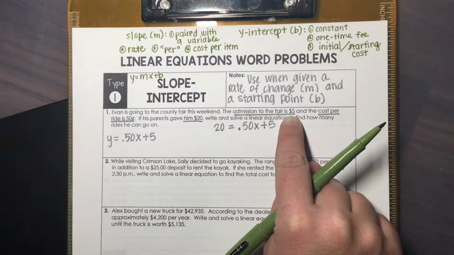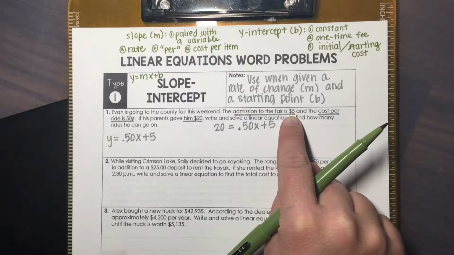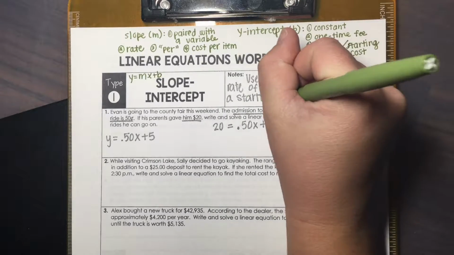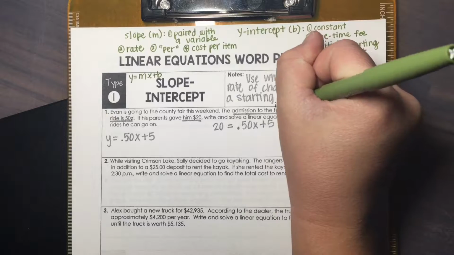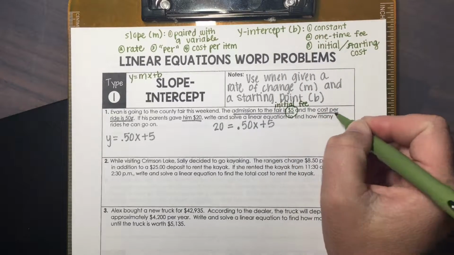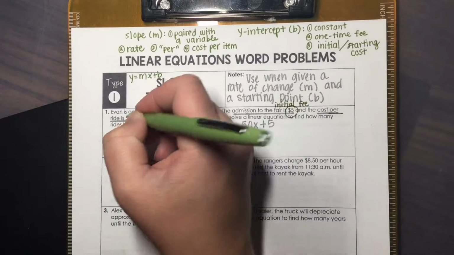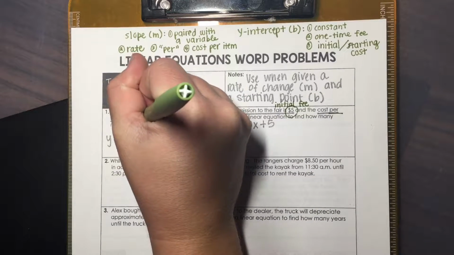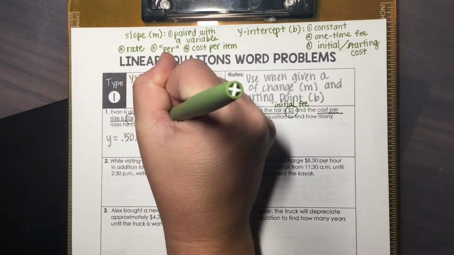In order to enter the fair, I have $5. I'm going to circle that $5 and write initial fee. And it says cost per, 50 cents. That is going to be my cost per ride.